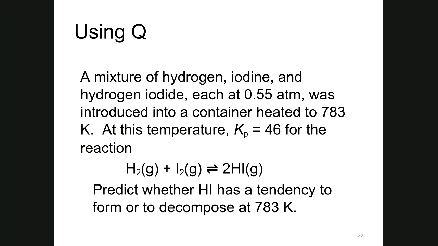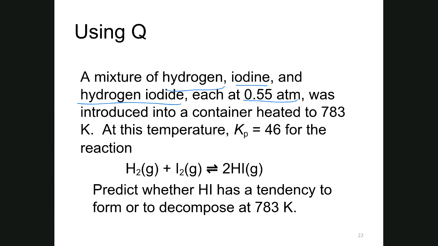So we're told that we have hydrogen, iodine, and hydrogen iodide, all of them at 0.55 atmospheres. So we need to find Q, because nowhere in this problem does it tell us that we are at equilibrium. It tells us that the 0.55 atm is what was introduced. So that means that 0.55 is our initial pressure.